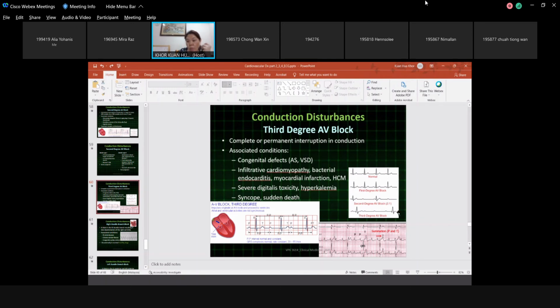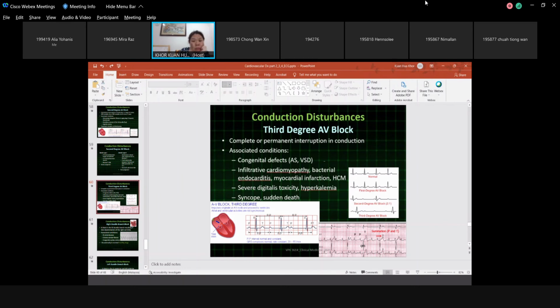For this kind of case, you're just going to have P, P, P, the atrial rate only. Then your ventricular rate goes missing, because by right it should be followed by QRS, QRS, QRS. Calculation is only an exercise to find out whether you know how to identify your P wave and your R wave.